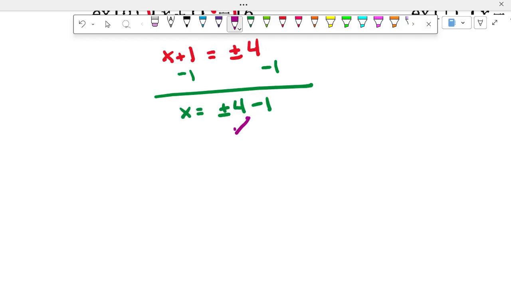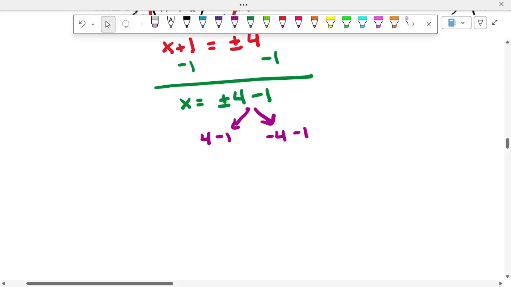What does plus or minus 4 represent? -4 and +4. So can't I break it apart? So do +4 and -4 and then subtract 1 from both? Can I do that? Yeah. That's what you do. You break apart the plus or minus and then do the operation to both.